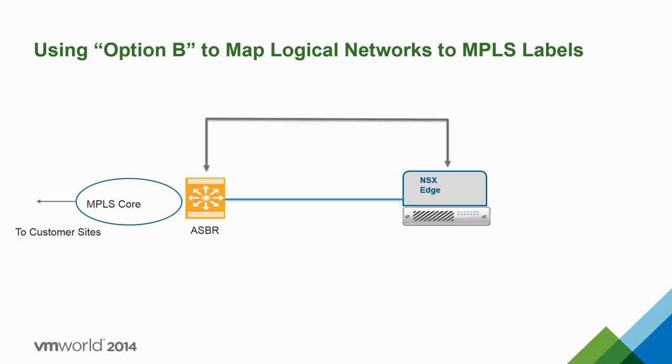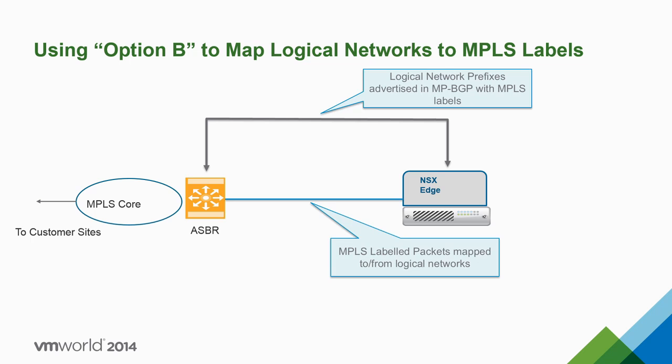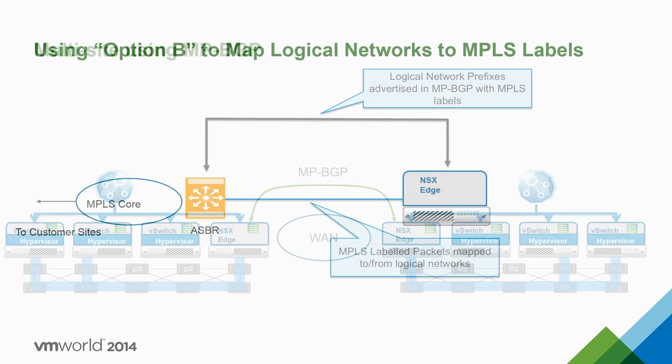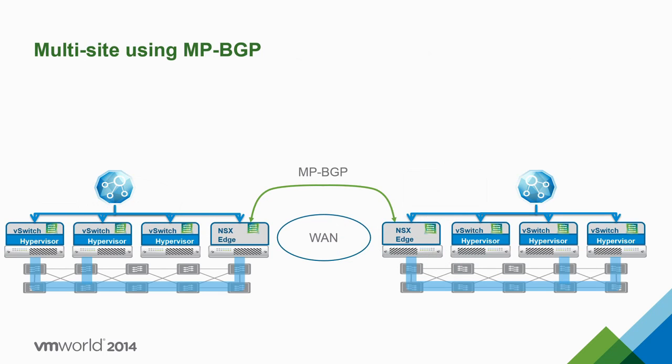So if you're an MPLS expert, you'll recognize some of the things going on here. RFC 4364 describes how this approach works. It's option 10B if you read the RFC, where we advertise logical network prefixes using BGP, and we associate labels with those logical prefixes.